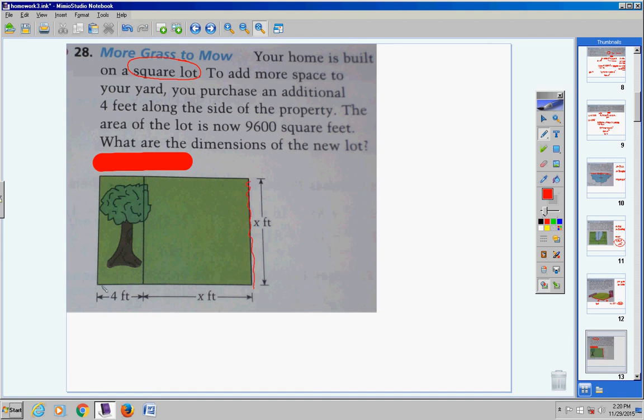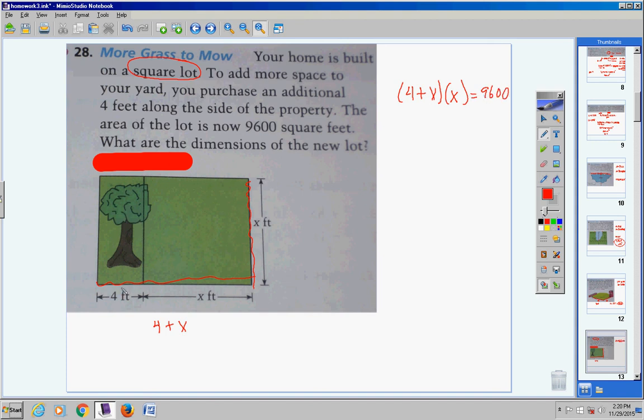X. What's the length of this whole side right here? 4 plus x, right? From here to here is 4, and from here to here is x. Add those two together. 4 plus x is the length of this whole side. So if I take one side, which is 4 plus x, times the other side, which is x, that should give me 9,600, right?